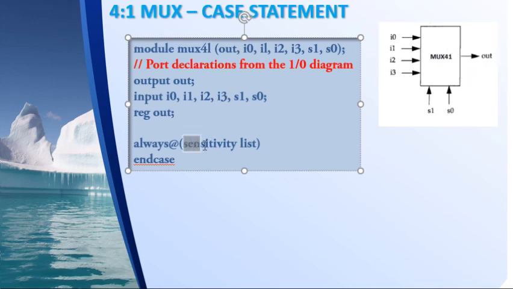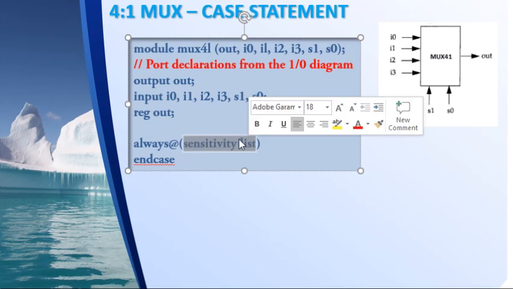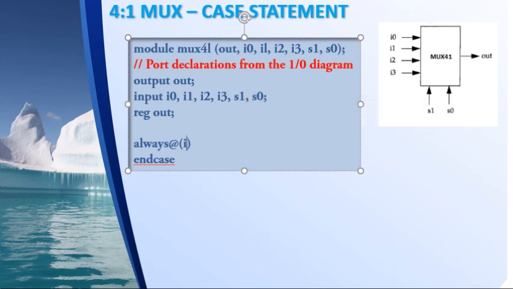So the sensitivity list will be all the input lines and the select lines. I write I0 or I1 or I2 or I3 or S1 or S0.